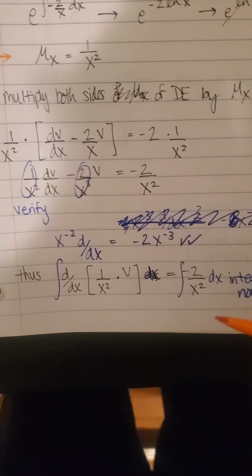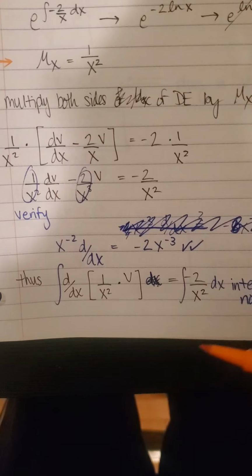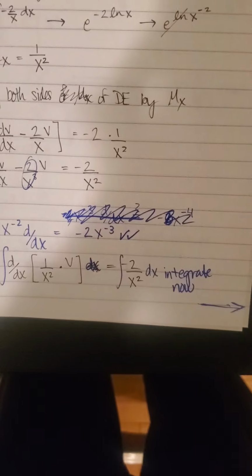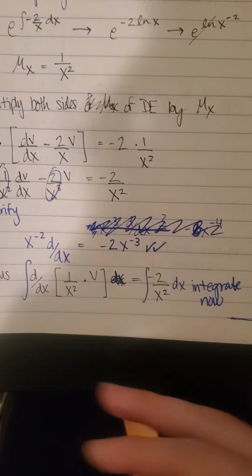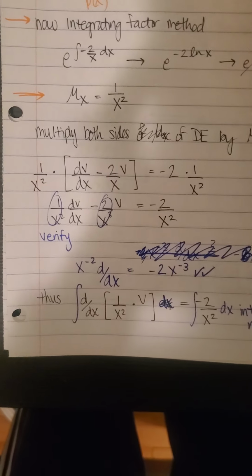Do that and integrate with respect to x. I scratched it out because I didn't realize I was going to combine the steps. But anyway, so you integrate now, and this is where the third page comes into play.